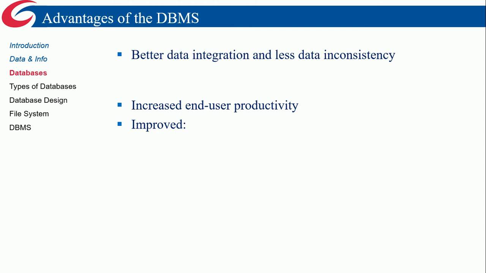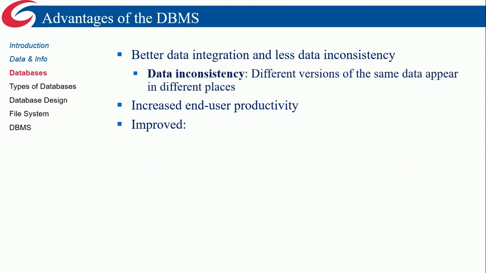So some of the advantages of using a database management system are better integration and less data inconsistency. Data inconsistency is when we have different versions of the same data appearing in different places. And I'll talk about that when we look at file systems, which are an early primitive form of databases. It can increase end user productivity because they have faster, more efficient access to data in order to get that information and that knowledge that we talked about.